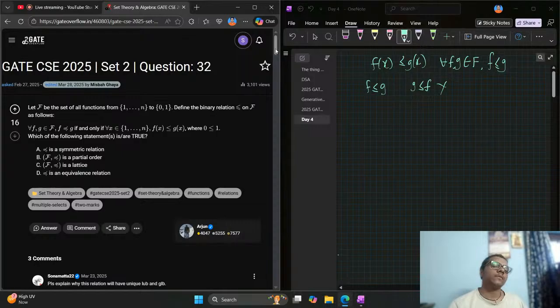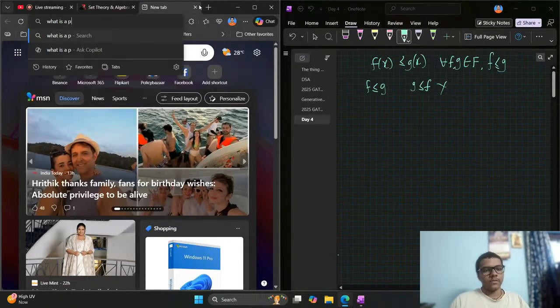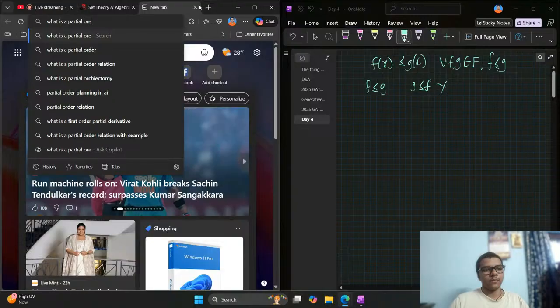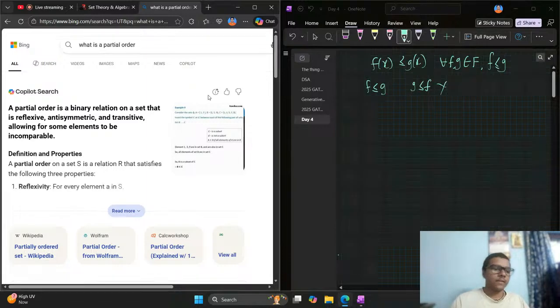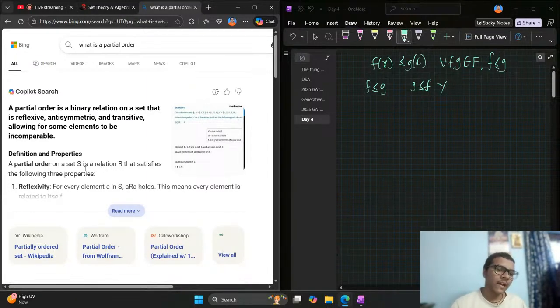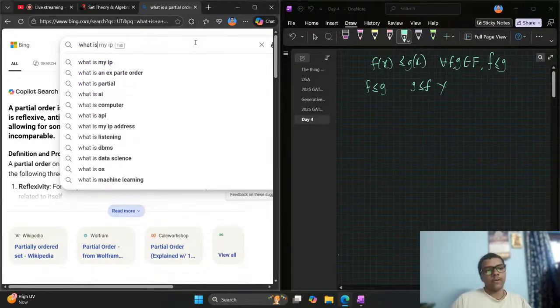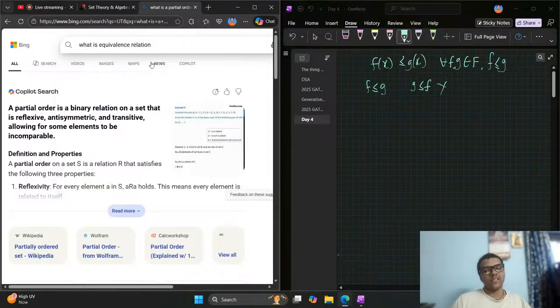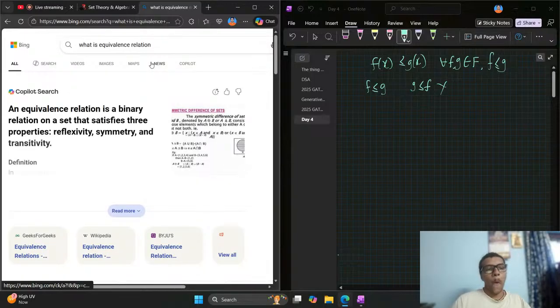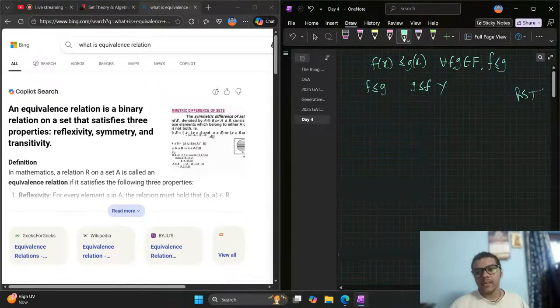All right, so we have studied partial order and lattice. What is a partial order? Reflexive, antisymmetric, transitive. What is an equivalence relation then? Reflexive, symmetric, and transitive is equivalence.